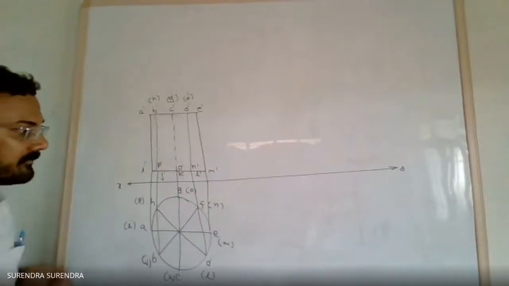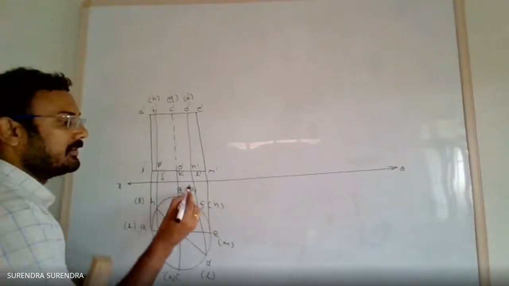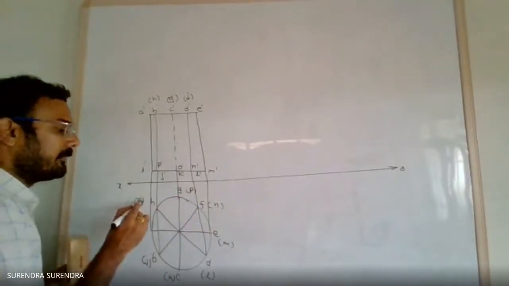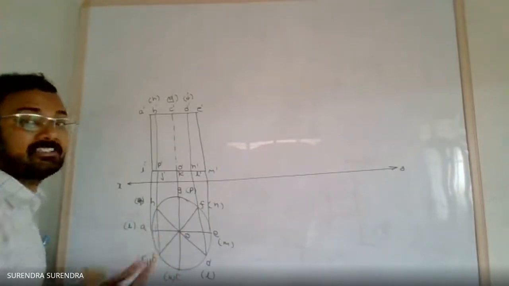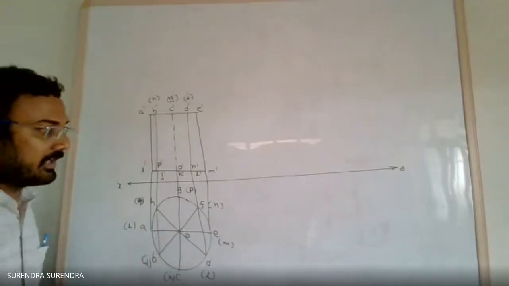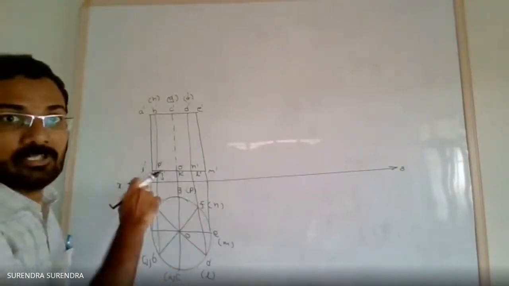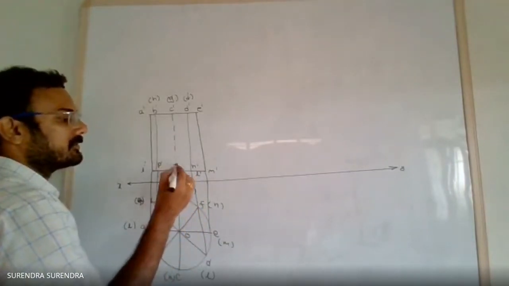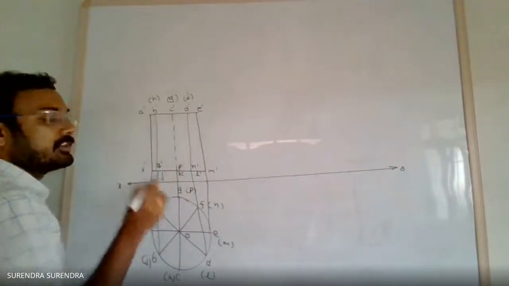One more thing, don't represent them as O, P; represent them as P and Q. Why? Because we are using O for the axis endpoint. So I, J, K, L, M and P, Q. Skip the letter O. P dash and Q dash.